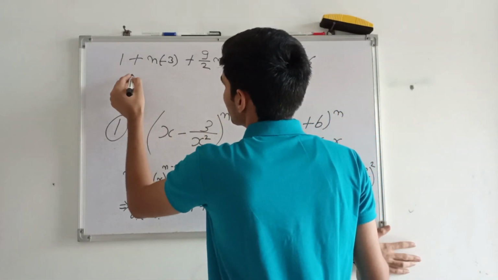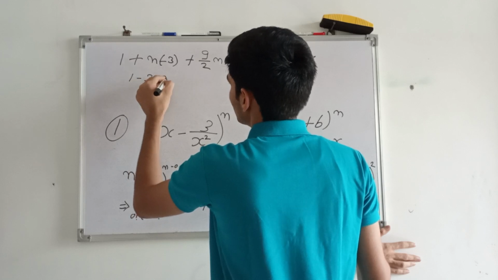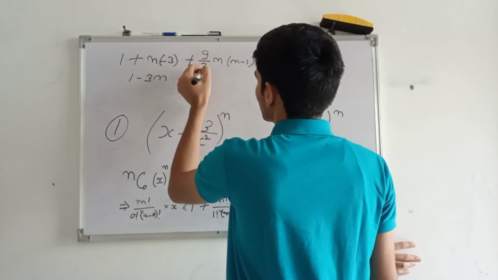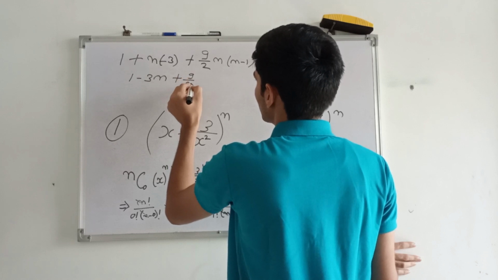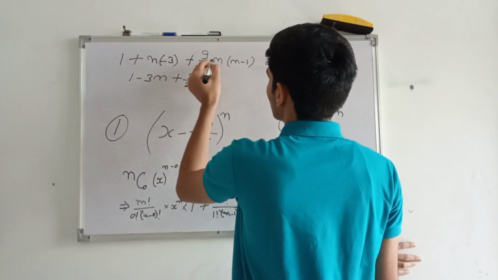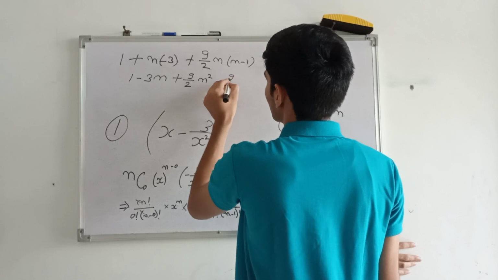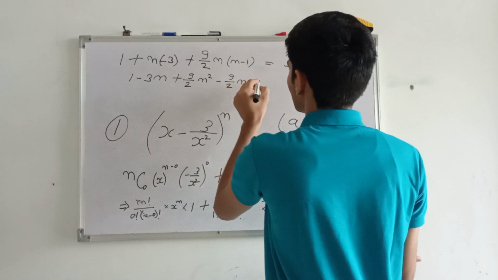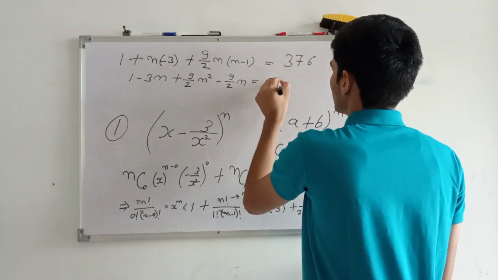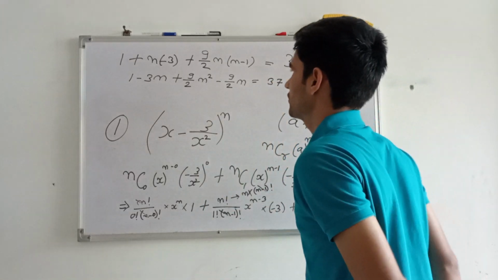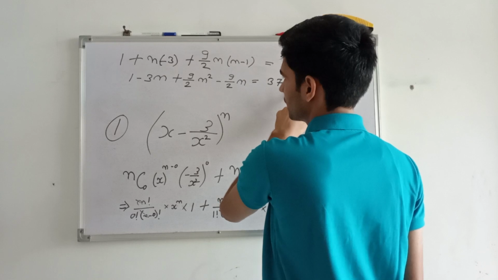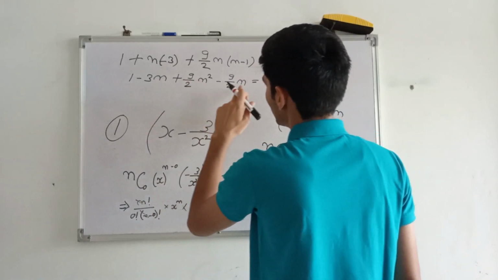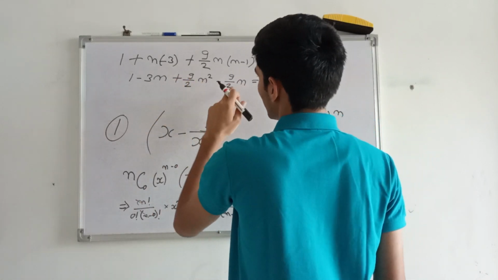Expand this, we will get 1 minus 3n, plus 9 by 2 n square, minus 9 by 2 n, is equal to 376. This 1 here, we will bring to this side and subtract it, and these two terms are both n, so we will add both these terms.